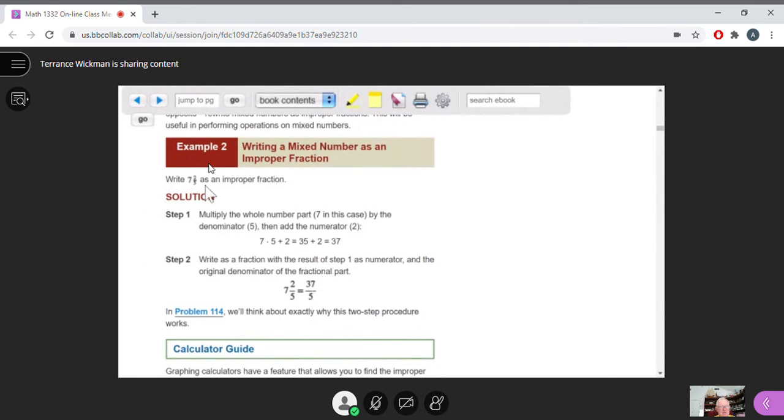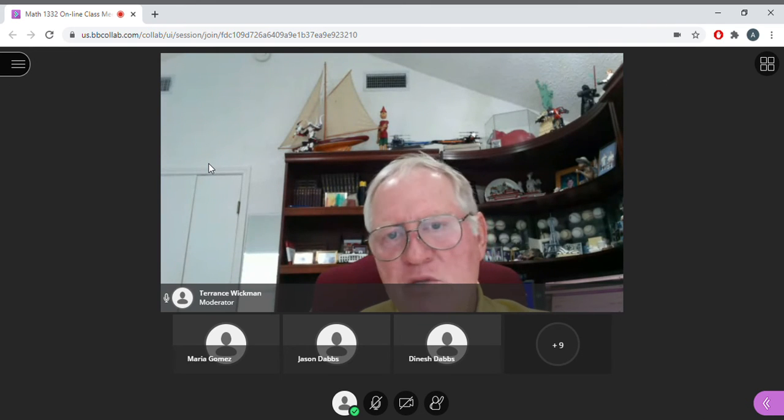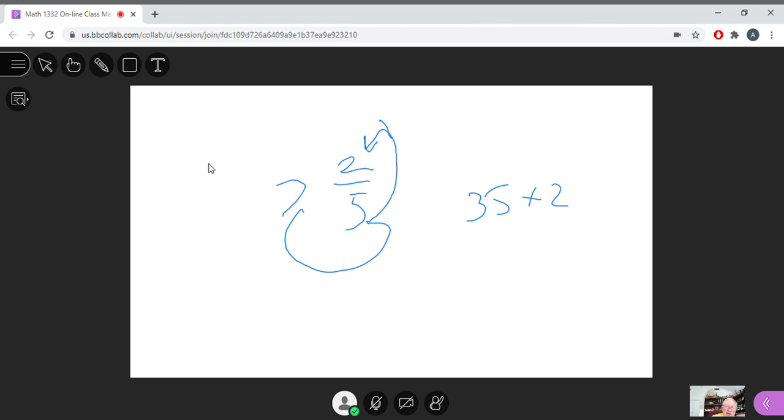Write 7 and 2/5 as an improper fraction. This is what we call popcorn. I'll show you how we do it. That's what we used to call it. So 7 and 2/5. In popcorn, to make this an improper fraction, you take this number times this number, and we add this number. So 7 times 5 is 35, and we add the 2, which gives us 37.